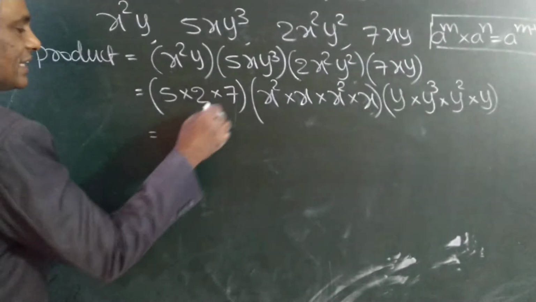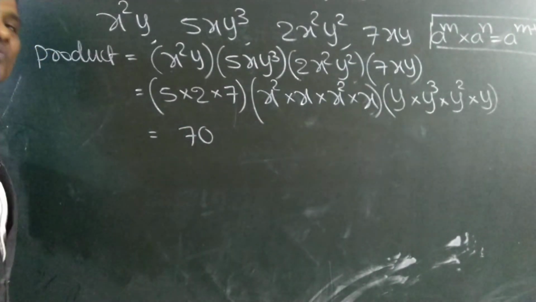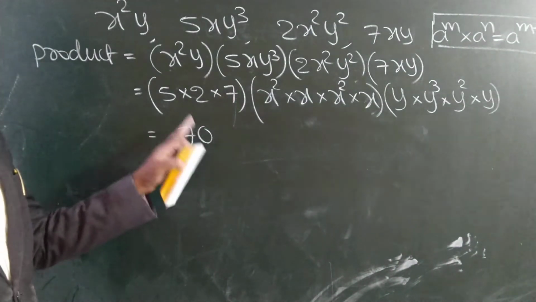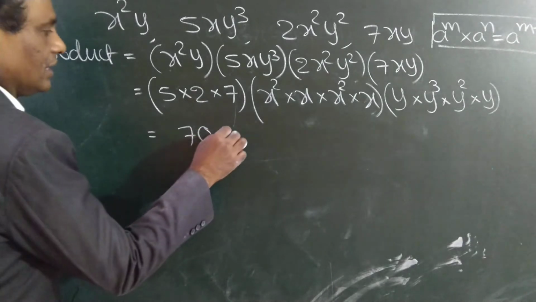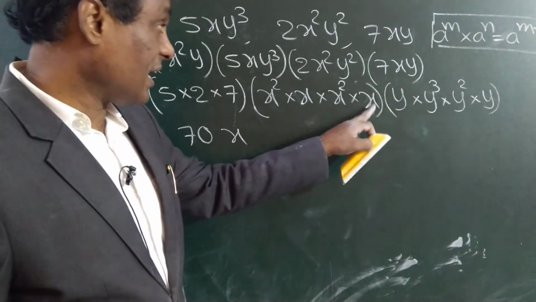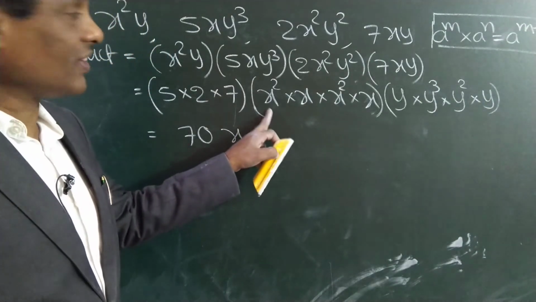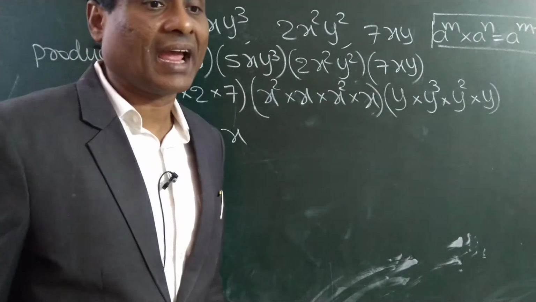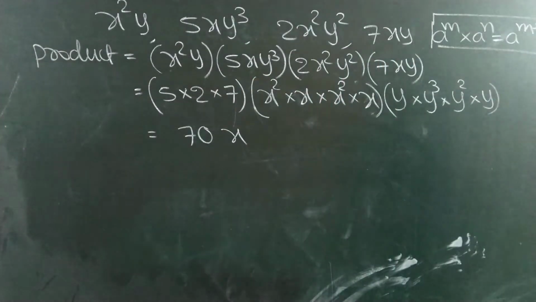5 2s are 10, 10 7s are 70. For x, the bases are same, and in multiplication powers are added. So add the powers.